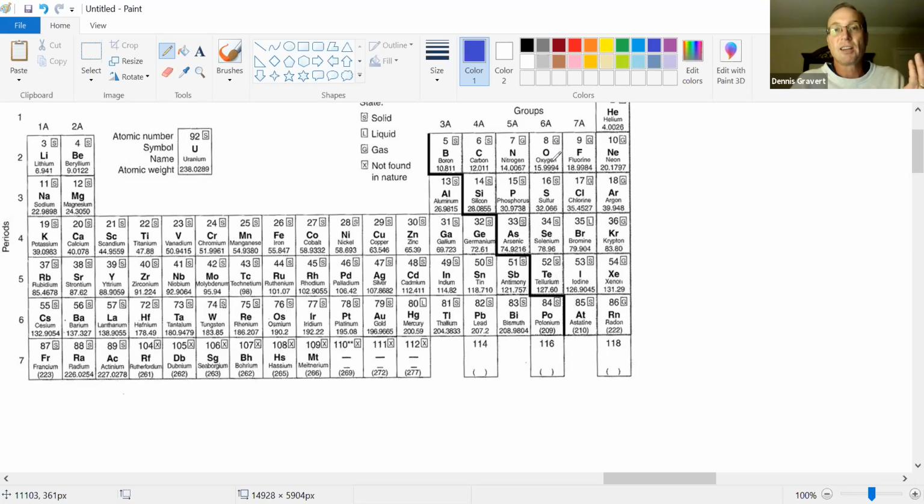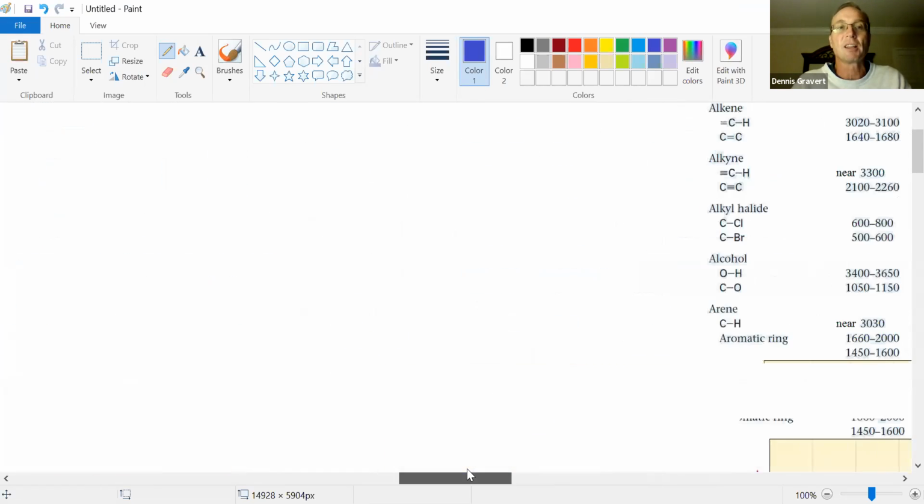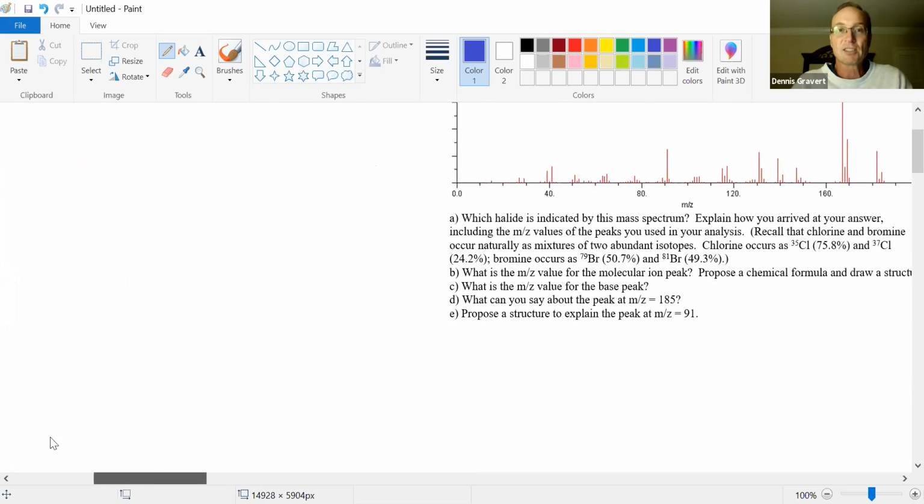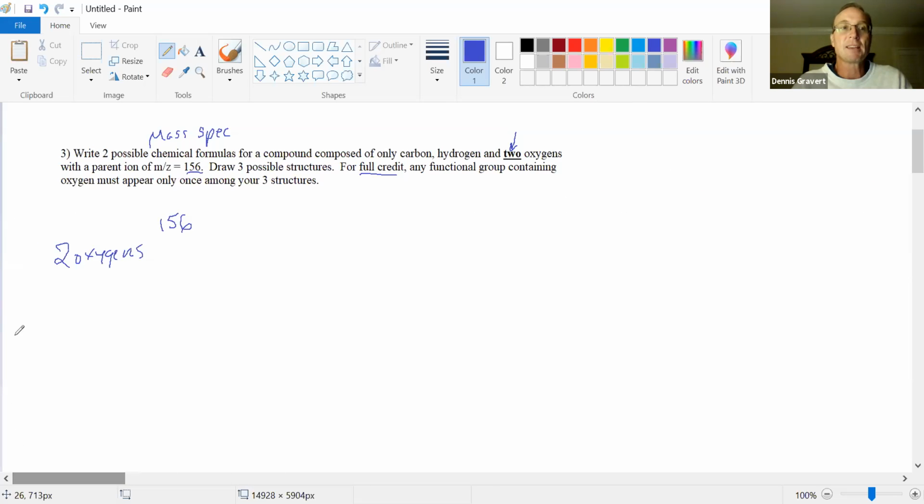So oxygen is element 8, 8 protons, and the most common isotope is oxygen that weighs 16 mass units, or in other words, it has 8 neutrons in it. That's just a cool little trick. So we're assuming we're using the most common form of oxygen in our molecules.